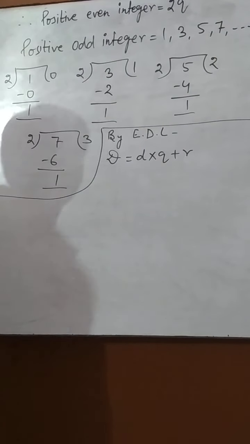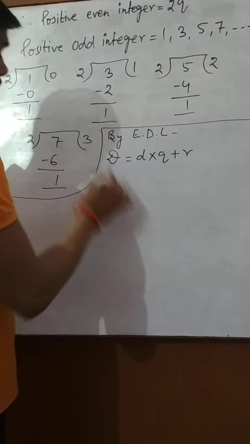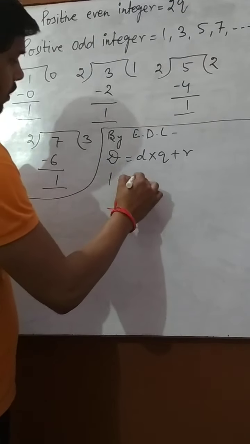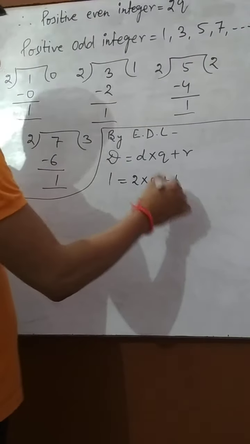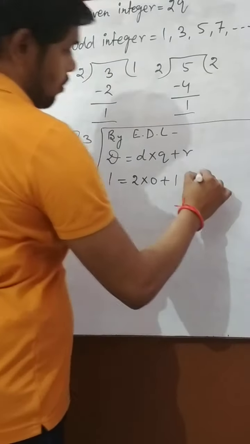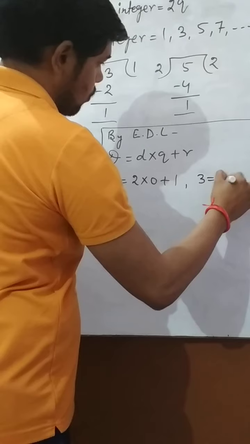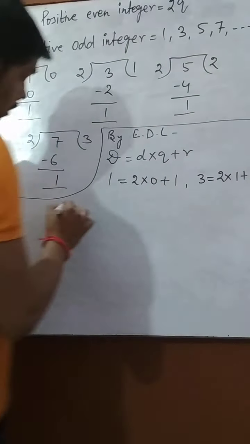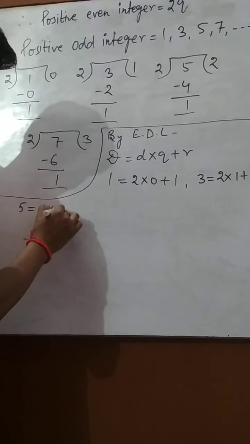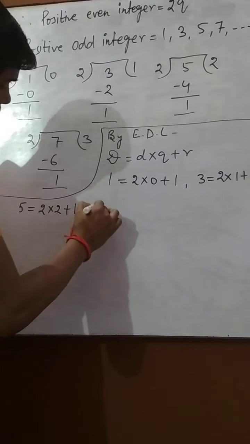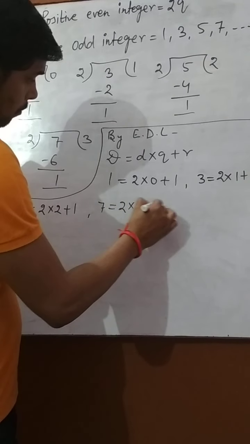So the dividend is 1, the divisor is 2, the quotient is 0 and the remainder is 1. The second is 3, 2 into 1 plus 1. Next is 5, 2 into 2 plus 1, and 7, 2 into 3 plus 1.